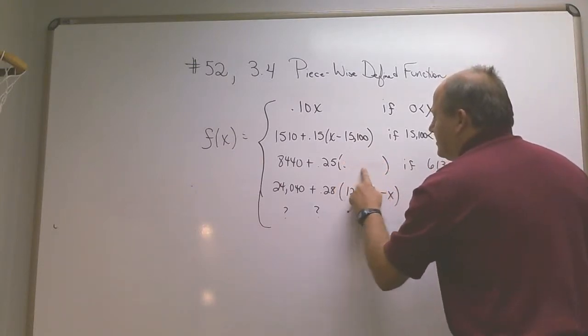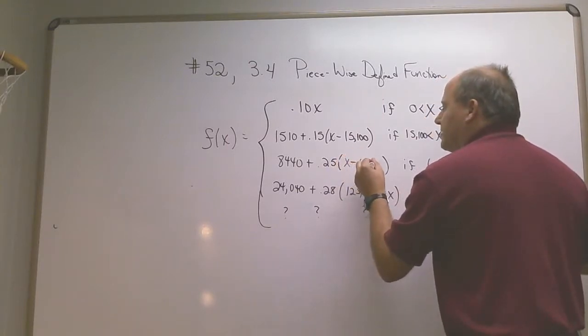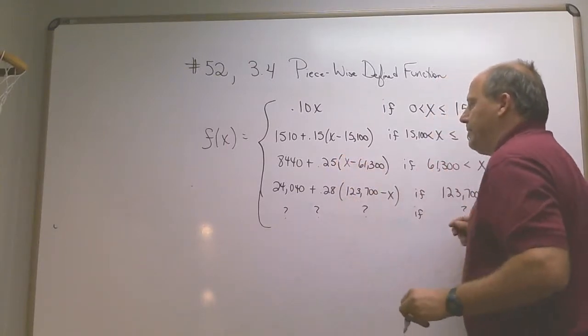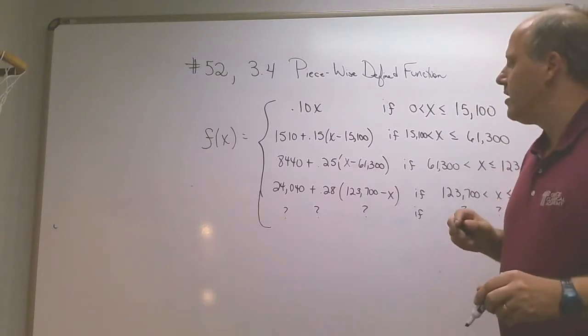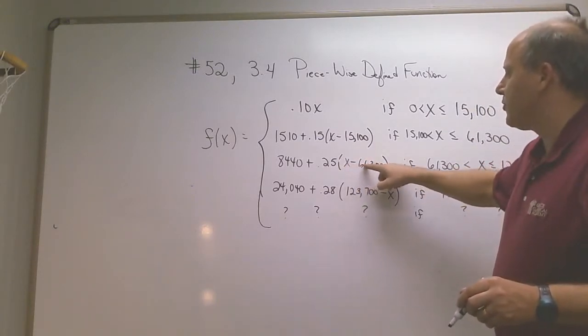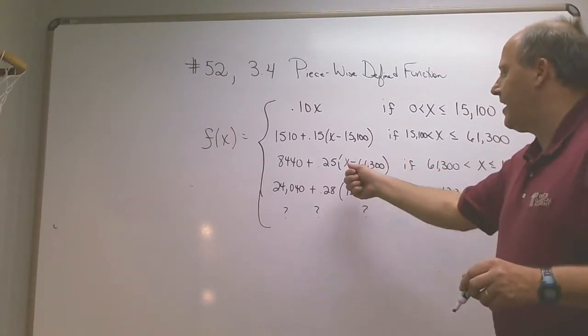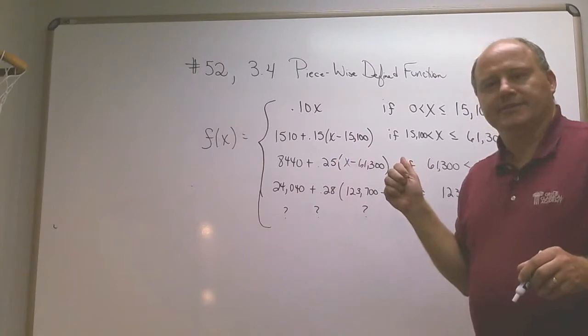This needs to be X minus $61,300. That would make more sense. So if you made $100,000 minus $61,300, which would be $38,700, that's going to be at a tax rate of 25%, added to the $8,440.